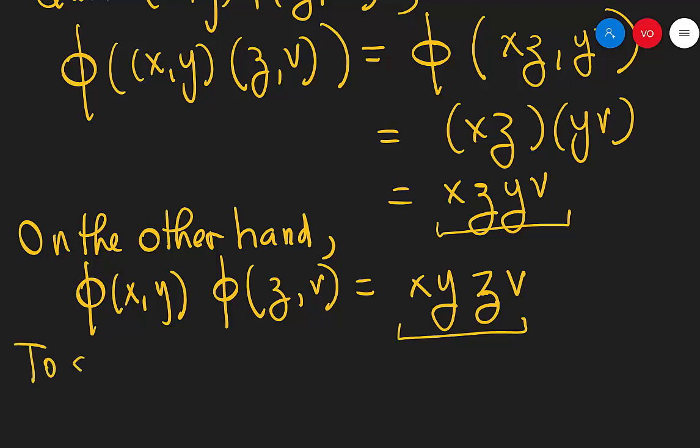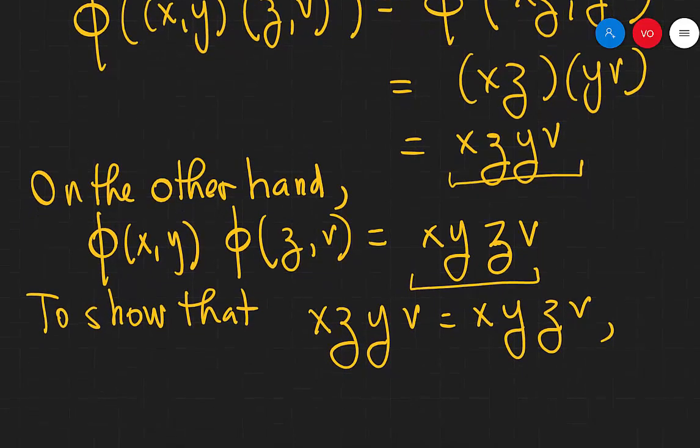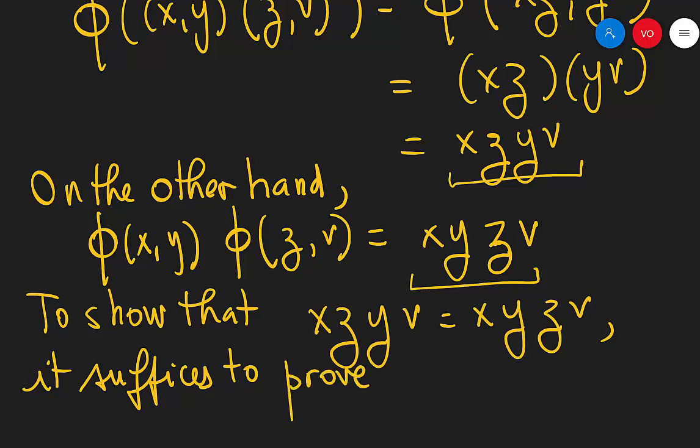So to show that x z y v is x y z v, we just need to prove essentially that z y is actually y z.